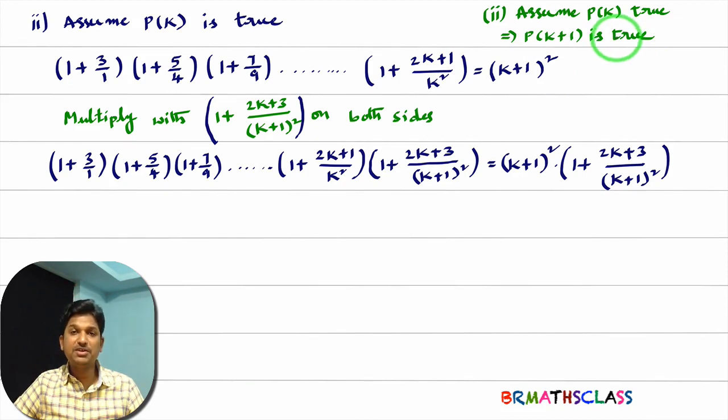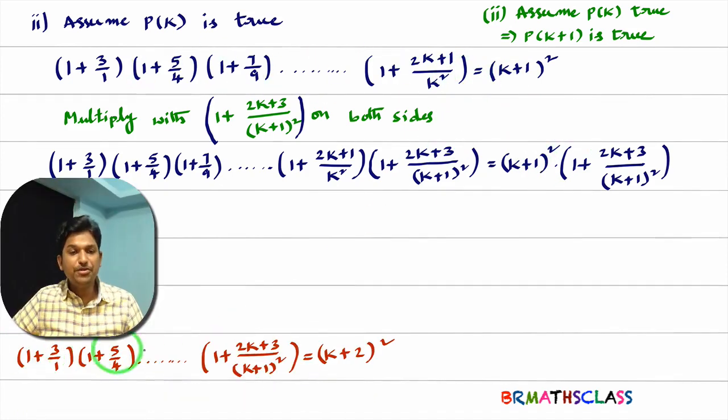What is P of k plus 1? See, this is P of k. In this, in place of k, if you write k plus 1, you will get P of k plus 1. It is important to keep in mind what P of k plus 1 is while solving this. So I'll write P of k plus 1 here. You observe here, this is P of k plus 1.